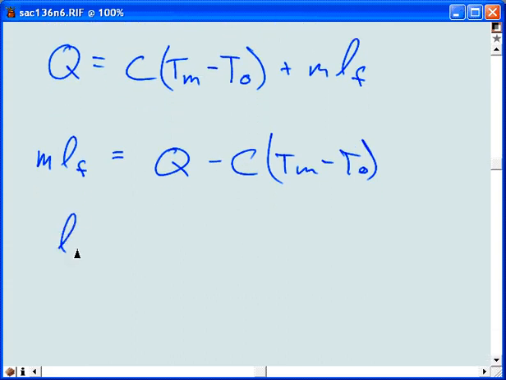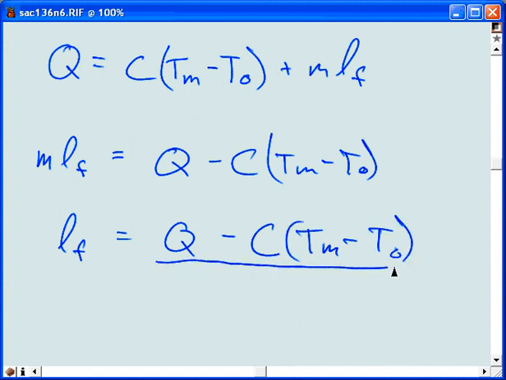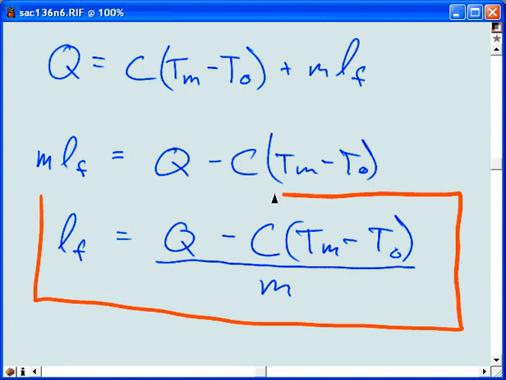Okay, just divide both sides by M, and I've got the desired expression for the latent heat of fusion.